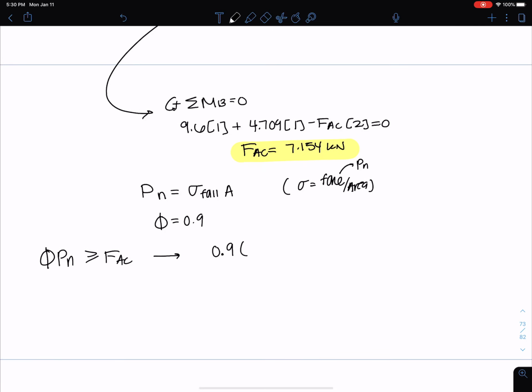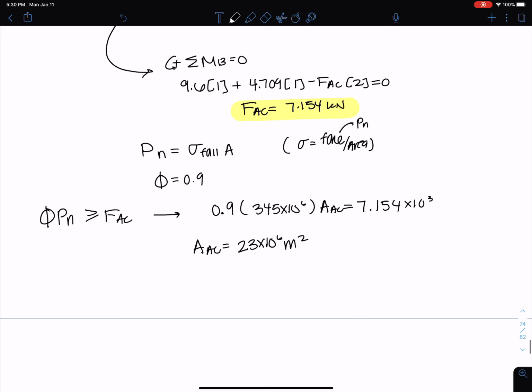0.9 times my sigma fail, which was 345 times 10 to the 6 pascals, times the area of AC needs to be equal to 7.154 times 10 to the 3. I'm putting everything into newtons here. And I get the area of AC is 23 times 10 to the negative 6 meters squared, which corresponds to 23.04 millimeters squared.